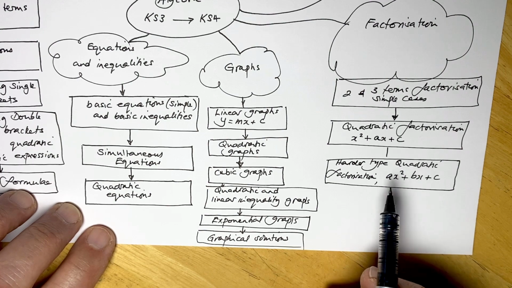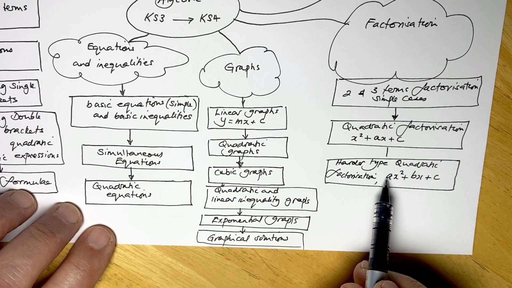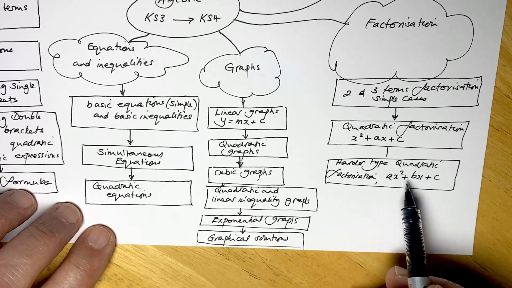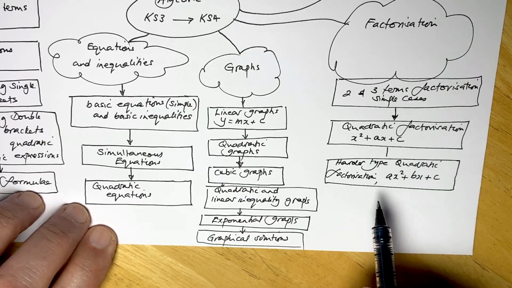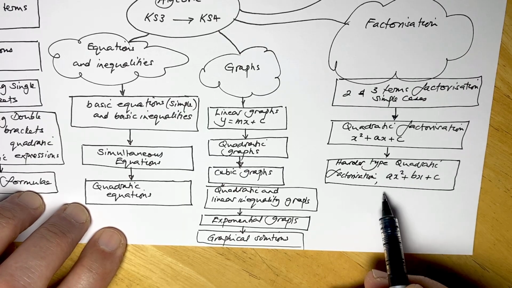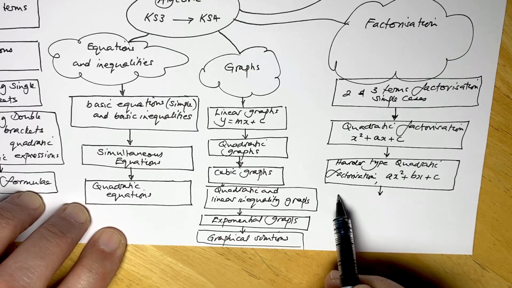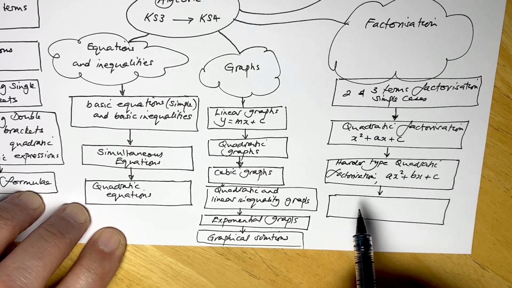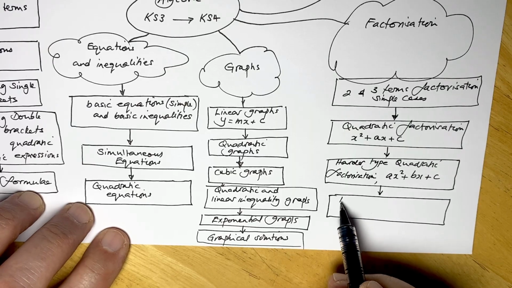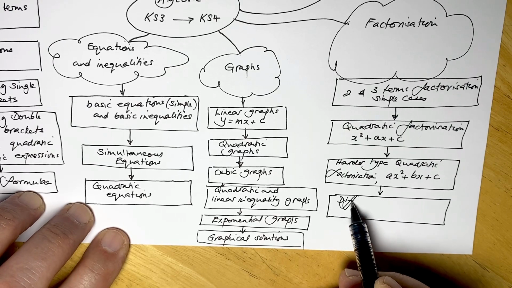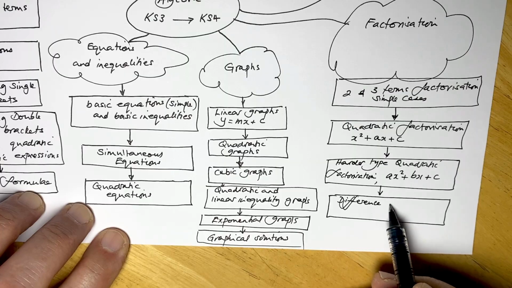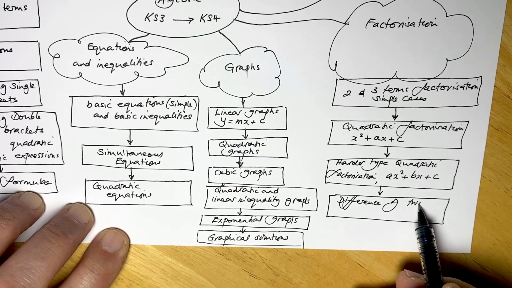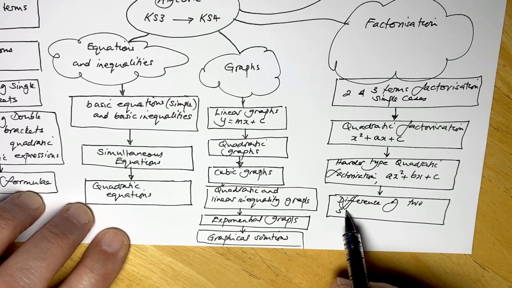But there is a number here providing the quadratic factorizers. And then moving to the identity for difference of 2 squares factorization.